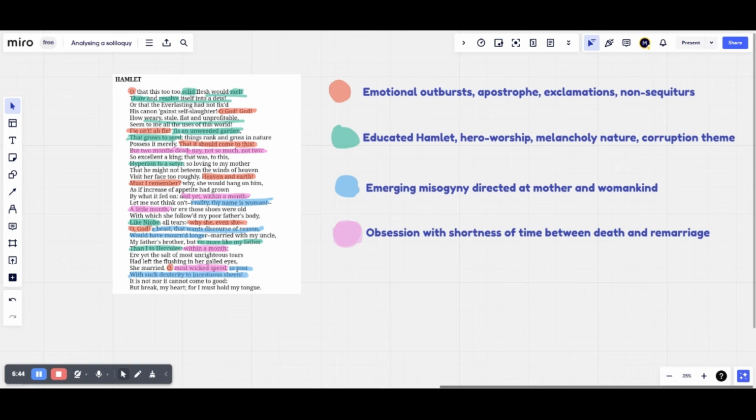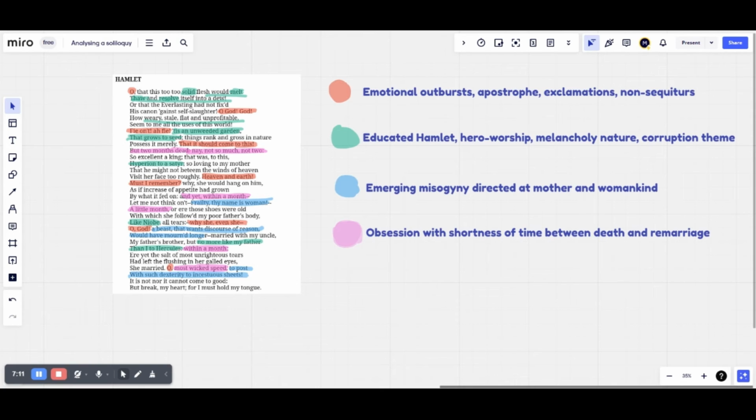We get the melancholy nature of the prince at this moment: "How weary, stale, flat, and unprofitable." So like a series of nouns. They're not nouns, they're adjectives. "How weary, stale, flat, and unprofitable seem to me all the uses of this world." So we get this listing of four adjectives to describe the melancholy state he finds himself in.